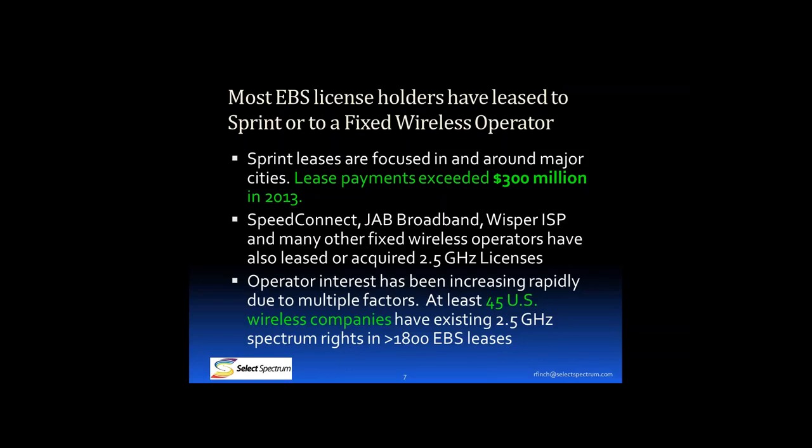So companies like Jab Broadband and Whisper ISP here listed previously began operations using unlicensed frequencies. They're delivering wireless broadband typically in more rural locations and competing with cable broadband or DSL from the telephone companies. And there are several million customers using these types of fixed wireless broadband networks.